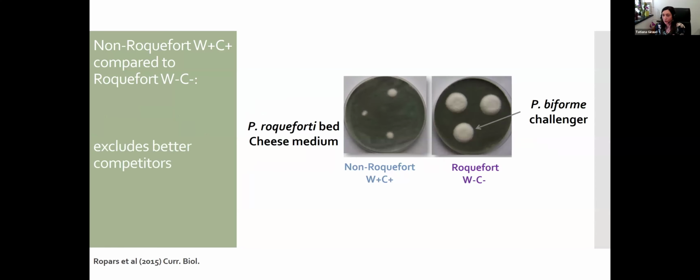We also looked at whether Penicillium roqueforti could exclude competitors, maybe some food spoilers. So we made a bed of Penicillium roqueforti, and then we inoculated a white challenger. And you can see again, the non-Roquefort lineage was better at preventing the other from growing. So again, footprints that there has been a stronger selection on this strain.